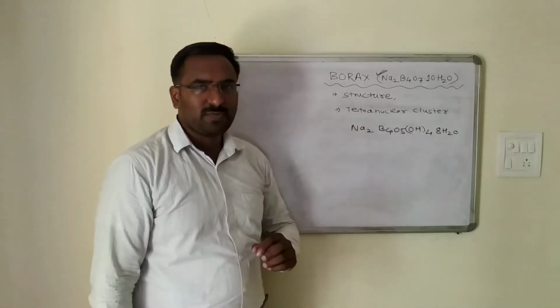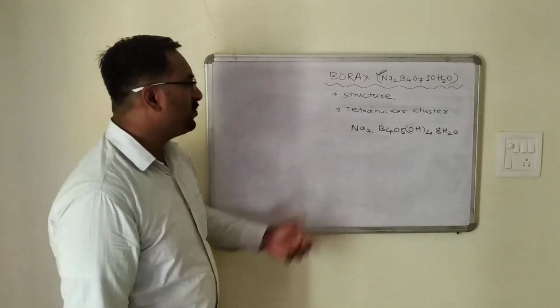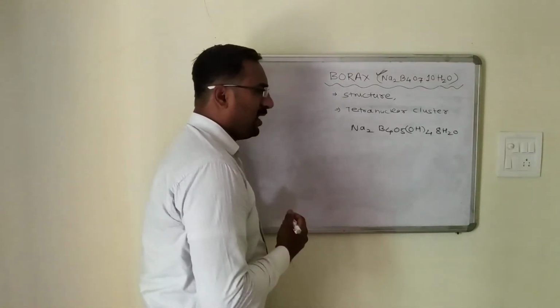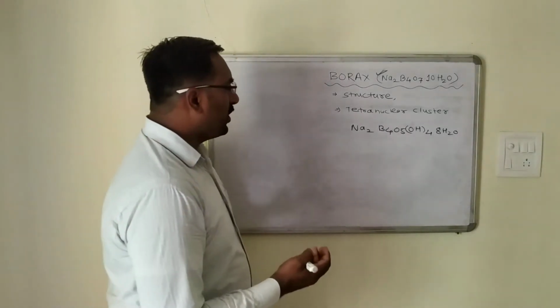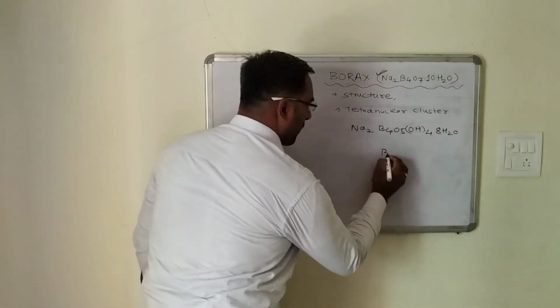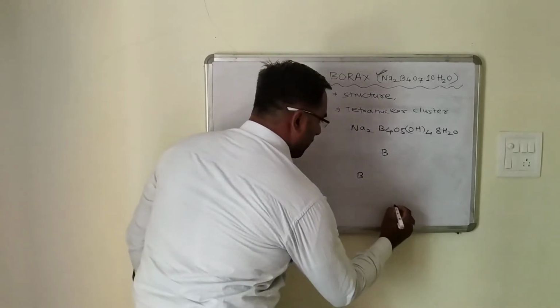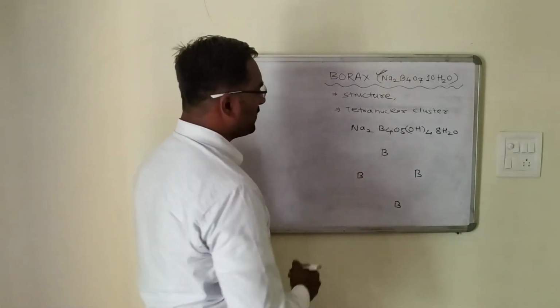How to remember this formula? If you remember the structure, then it is very easy to remember this molecular formula. In this structure there are 2 tetrahedral units and 2 trigonal units. So there are 4 borons. Let us draw the 4 borons. These are our 4 borons.